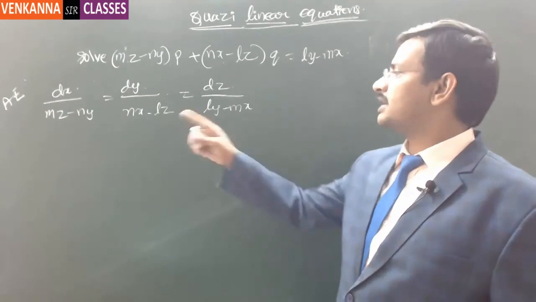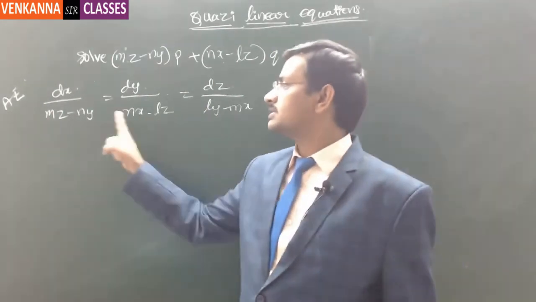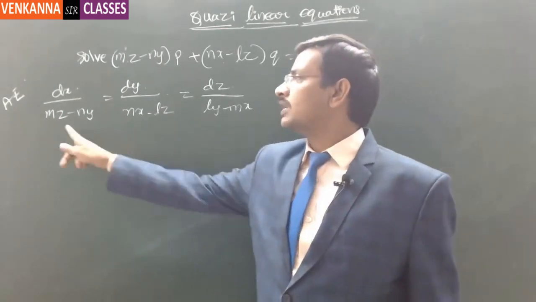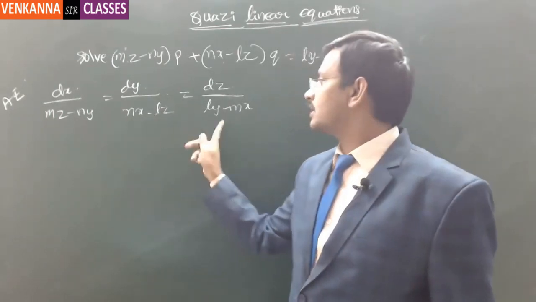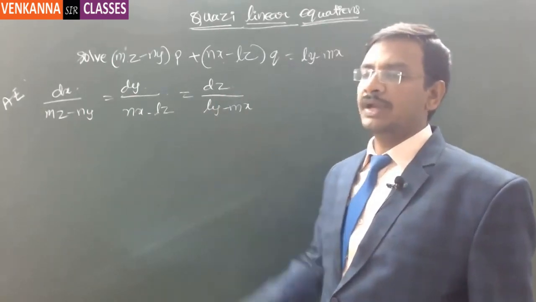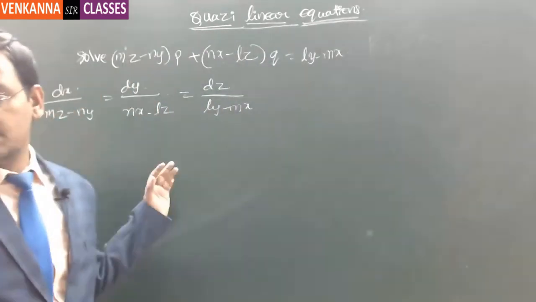Straight away, if you solve it, this is a little difficult, because if you notice, if you want to equate these two and try to simplify it, there is an unknown variable z. Suppose if you take these two, there is an unknown variable x. So this way you cannot straight away solve the equation with the auxiliary equation.